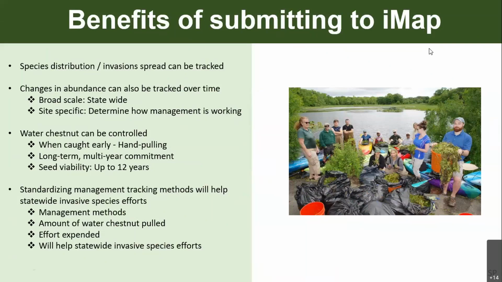So in terms of standardizing our tracking methods, it helps us better understand the statewide implications of having this water chestnut and what's going on. And using those standard tracking methods, we can compare methods of management, so what's working and how well is it working.